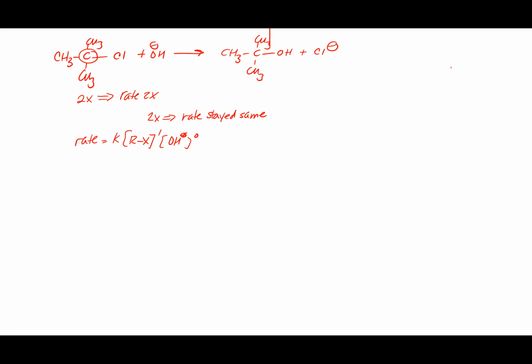Because everything to the zero power is 1, so it doesn't exist. So we have to come up with a mechanism whose rate equation is exactly the overall rate equation.